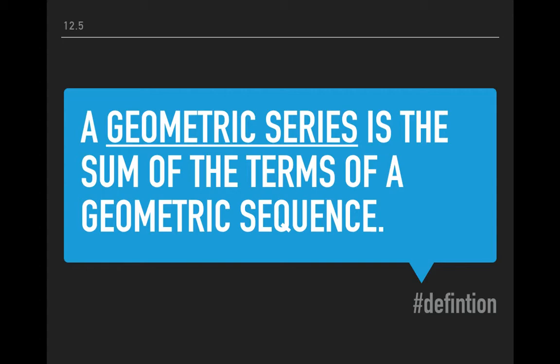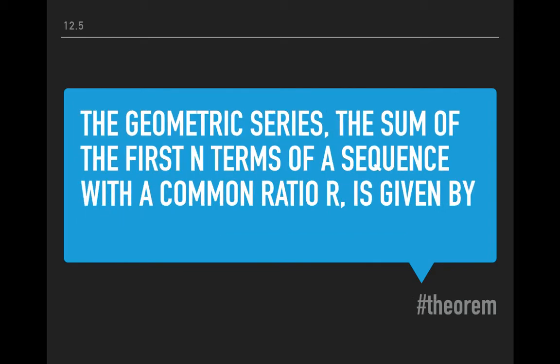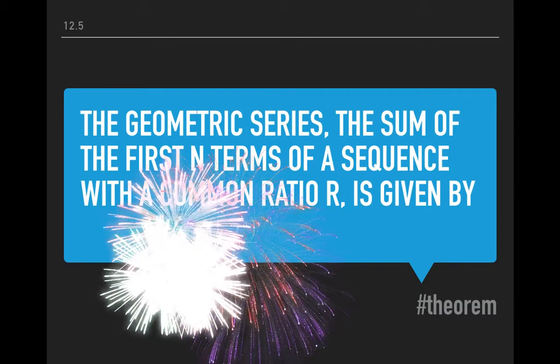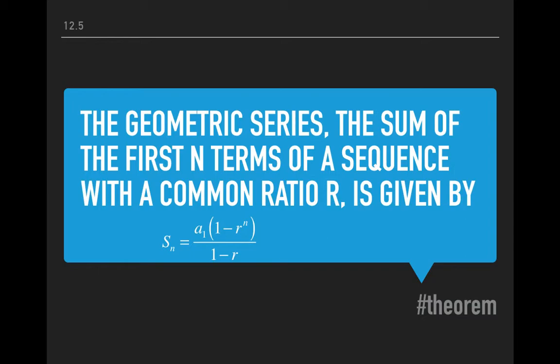So let's get started. A geometric series is much like an arithmetic series, but you're adding all the terms of a geometric sequence. The formula for a geometric series, after you add n number of terms with a common ratio of r, would look like S sub n, where n is the total number you're adding, equals a1, that's your first term, times 1 minus r, your rate, to the nth power, and that's all divided by 1 minus your rate.